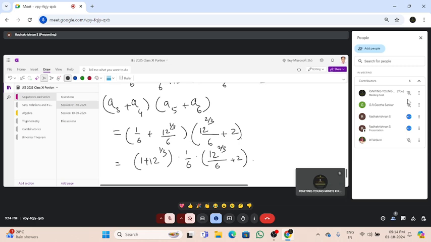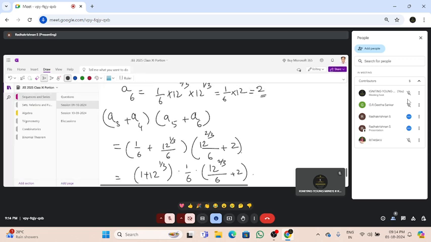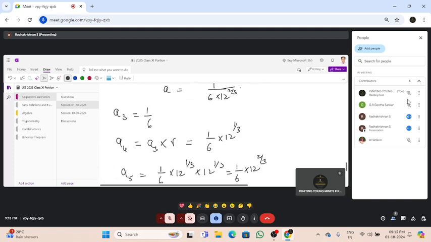So 1 by 6 into 12 power 2 by 3 by 6 plus 12.